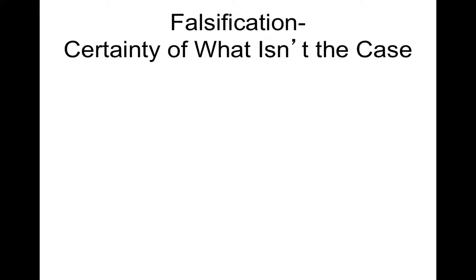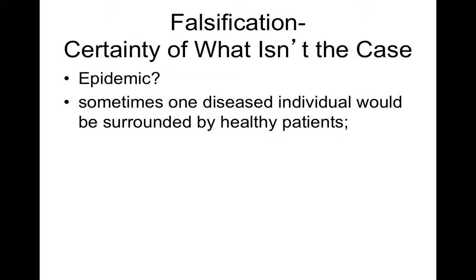So this is an example of how scientific truth can be developed, and in science we can always be sure of what isn't the case. One possible explanation was that this was an epidemic, that the childbed fever was contagious, and if one woman was stricken by the epidemic, then her neighbor would get it.